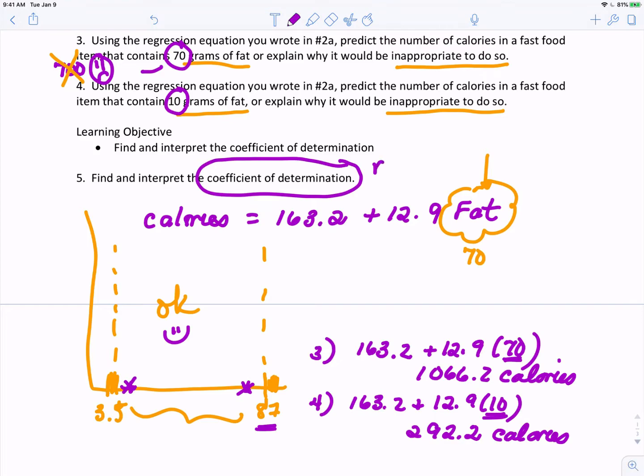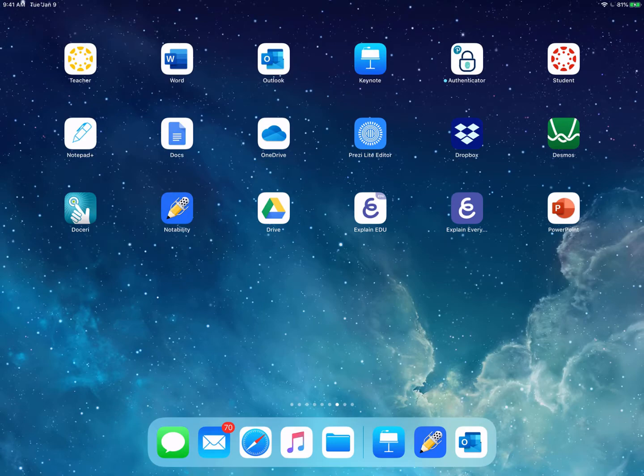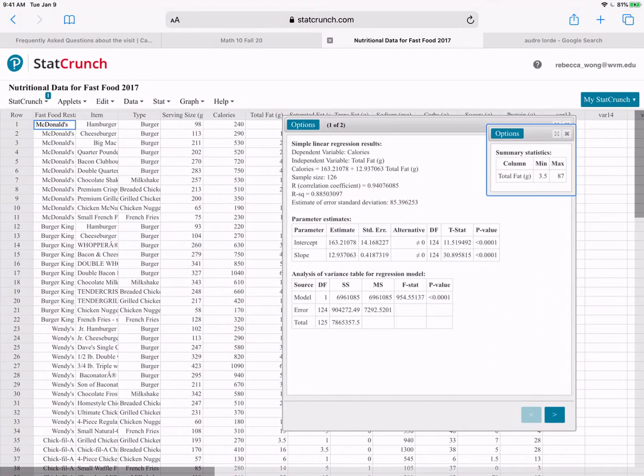The last problem asks us to find and interpret the coefficient of determination. So remember, the coefficient of determination is r squared. It's literally your r value squared. The nice thing about StatCrunch is it computes it automatically. So let's go back to StatCrunch. You can see it says r-sq, that's your r squared value, and you see it's 0.885.